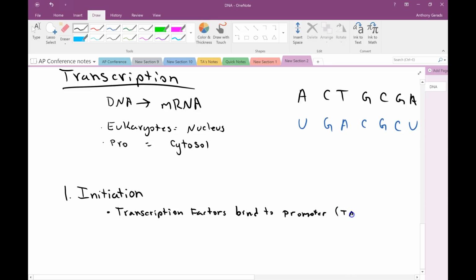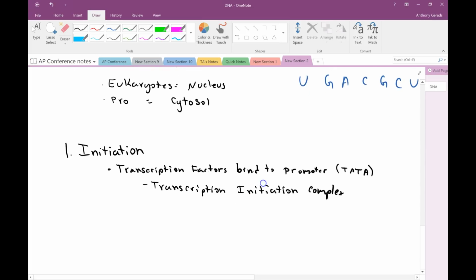What kind of box? TATA box. Yep. So it's a TATA box. And when it does this, it forms something called a transcription initiation complex.